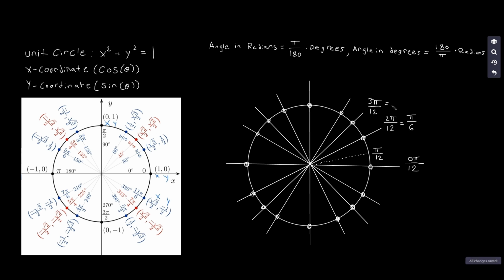If we simplify this fraction, it's going to be pi over 4. Just like how we have pi over 4 over here. Let's continue to count upwards. If we count upwards, we're going to get 4 pi over 12. 4 pi over 12 can be simplified to pi over 3.